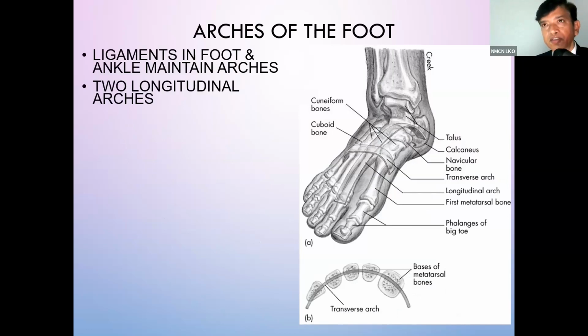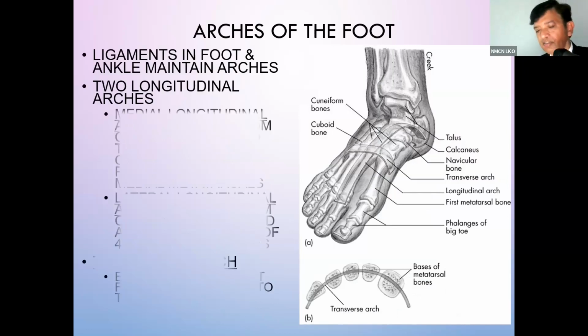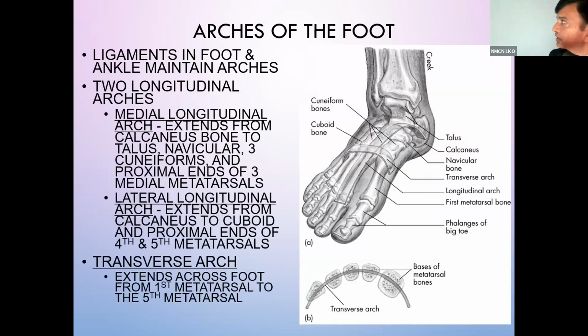In the arches, there are two longitudinal and one transverse. If you see the longitudinal arch, there are two: the medial longitudinal arch and the lateral longitudinal arch. Medially, it starts from the calcaneum to the talus and the cuneiform bones, that is the tarsal bones.